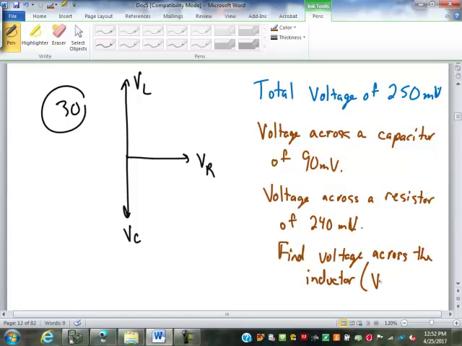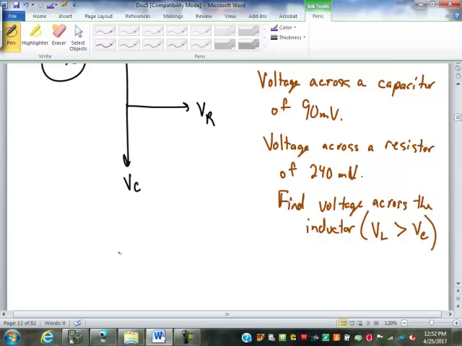Given that the voltage across the inductor is greater than the voltage across the capacitor. Why did I need to know that? Well, there are two possibilities here. The voltage across the resistor is 240 millivolts.